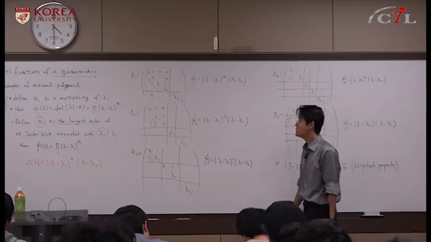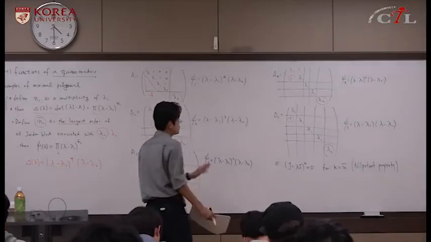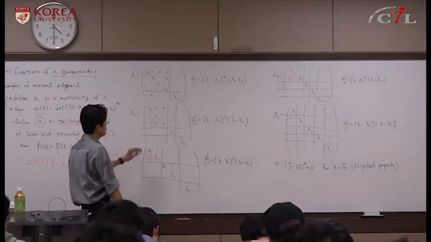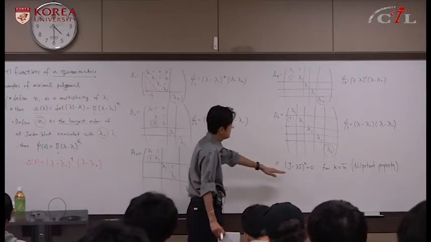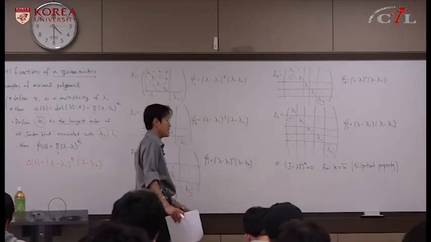So by the nilpotent property, because it's Jordan form, if we multiply it 3 times or 4 times in this case, then this form will go to nothing.